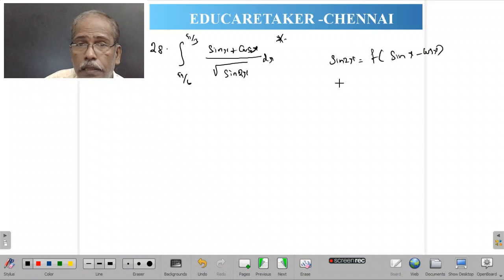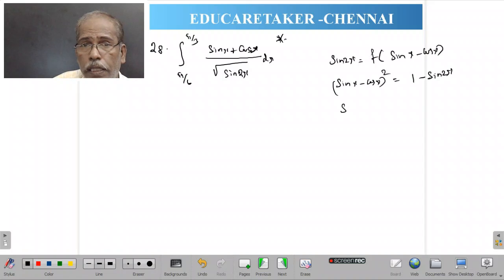So how to write it? (sin x minus cos x) the whole square is 1 minus sin 2x. From this we can write sin 2x equal to 1 minus (sin x minus cos x) the whole square.